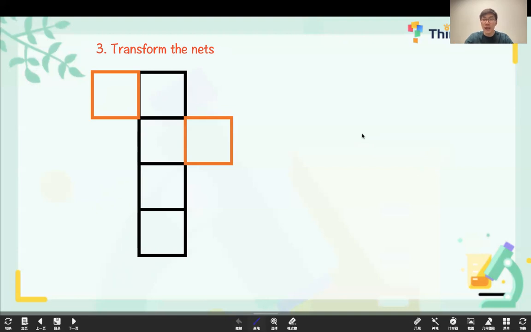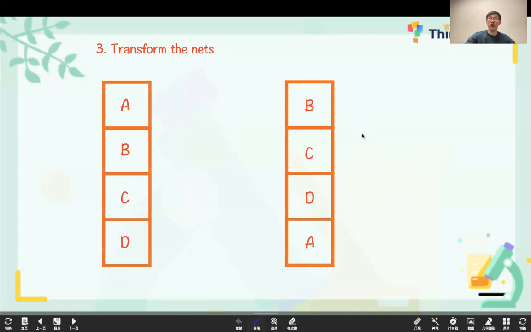The other method is for transforming the face on the left and the face on the right. So there are 2 different methods to transform, depending on where we are in the 1-4-1 net. Well then, let's have a look at how we're going to transform the net in the 4 faces in the middle. Here I have a piece of paper, and it has A, B, C, and D on it.